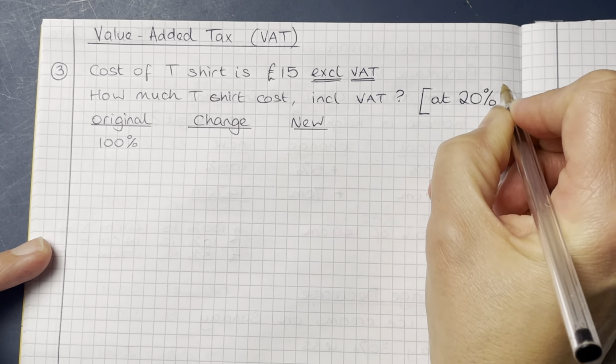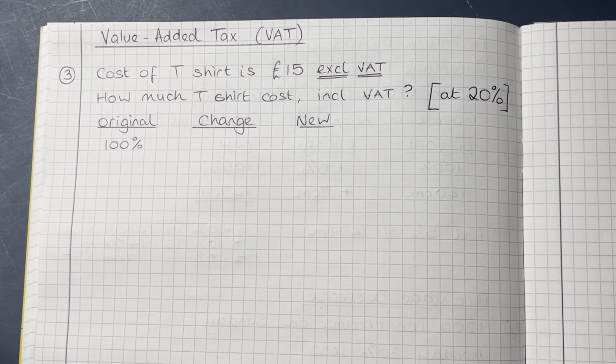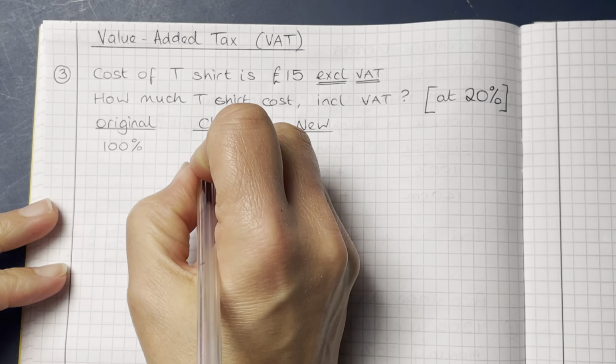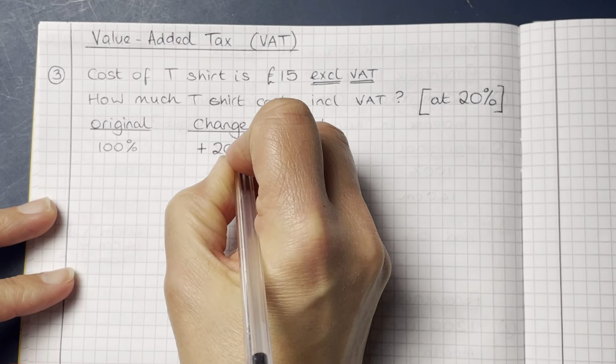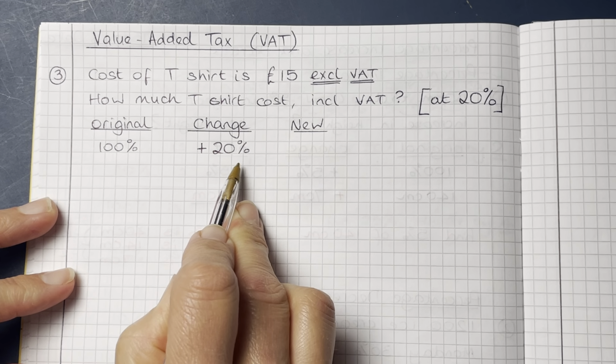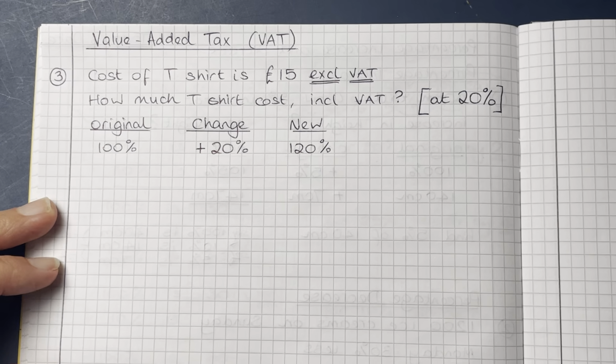At the moment, in the UK, that rate is 20%. Okay, so we need to add on, and you'll be given that piece of information. We're going to add on 20%, so my new percentage is 120%.